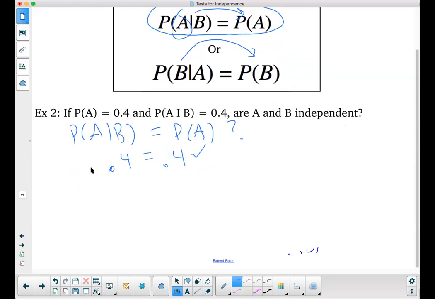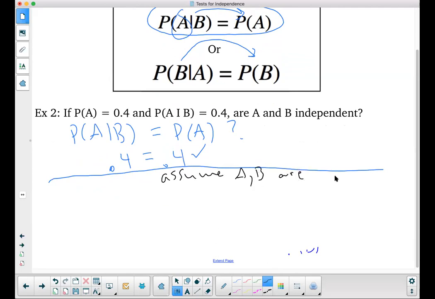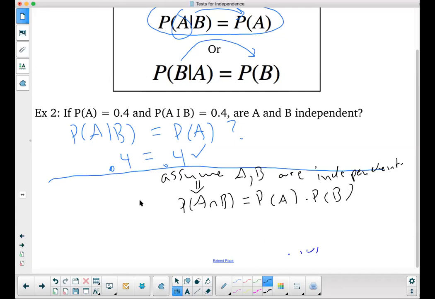And I had shown the mathematical reasoning behind that. So let me just show you where this formula comes from. Assume A and B are independent. That implies the probability of A and B equals the probability of A times the probability of B. Okay, so keep that in mind.